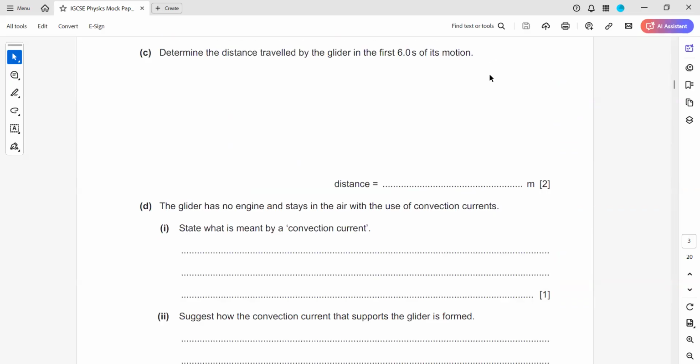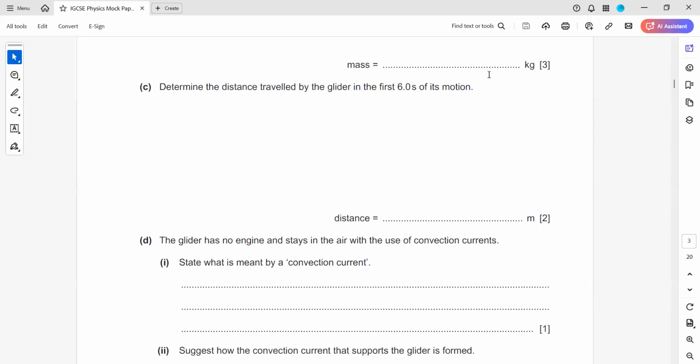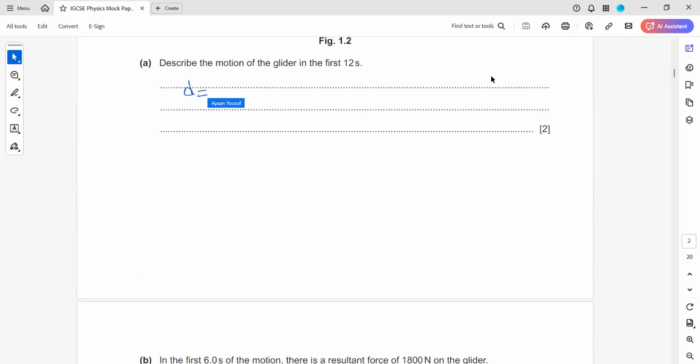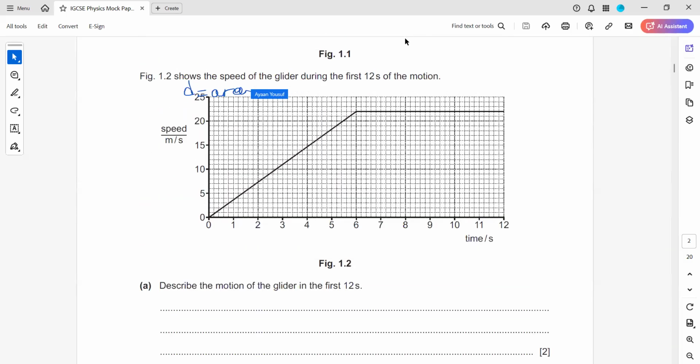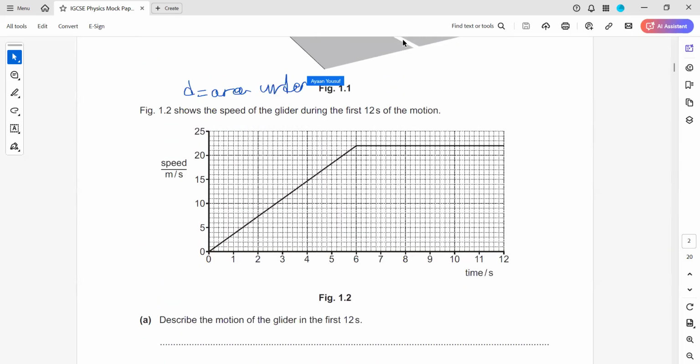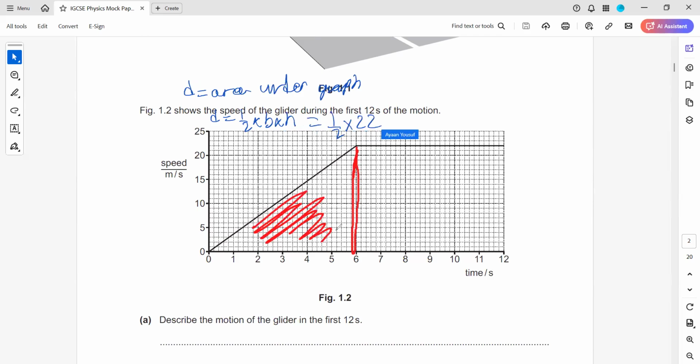Determine the distance traveled by the glider in the first 6 seconds of motion. Whenever you see a question in which a speed time graph is given, the area under the graph will give us the distance traveled. So you will draw a line for the first 6 seconds, and this will be the distance traveled by this plane, which is a triangle.